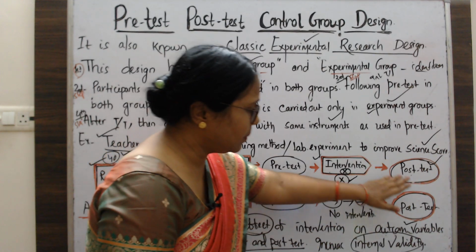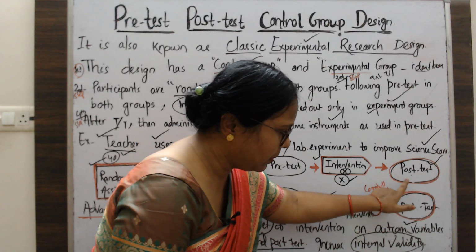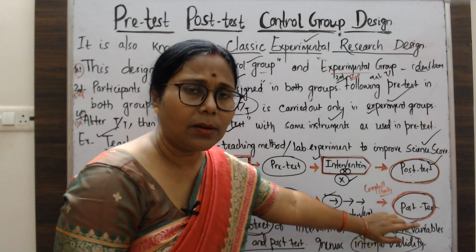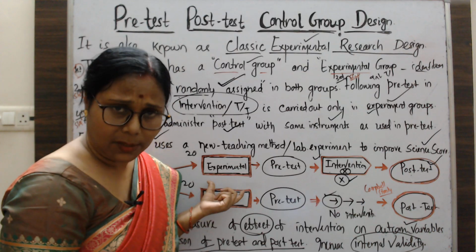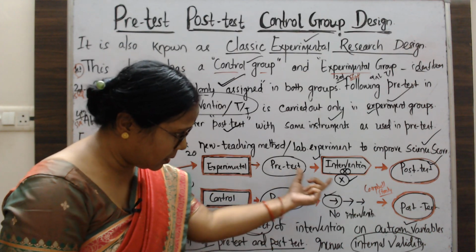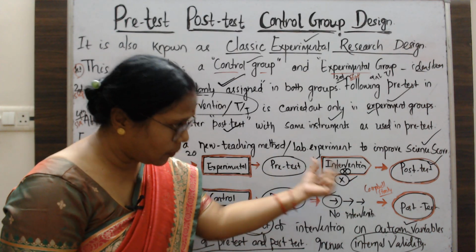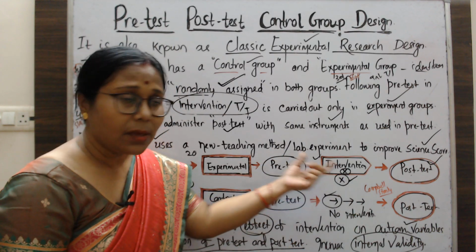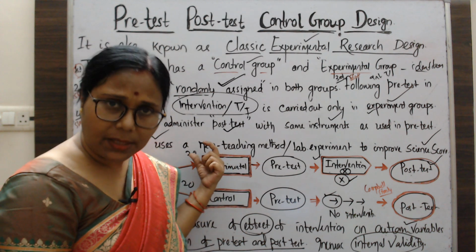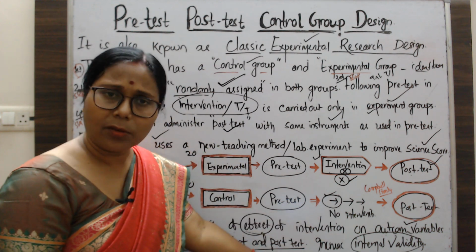The post-test is carried out in both the experimental group and the control group. In the post-test the experimental group does much better because they have undergone the intervention, so the post-test result will be far different from the pre-test result. But in the control group, you will find no such change.